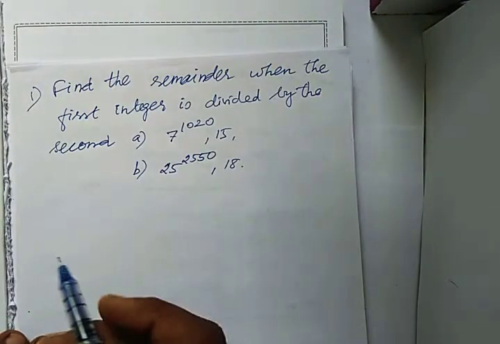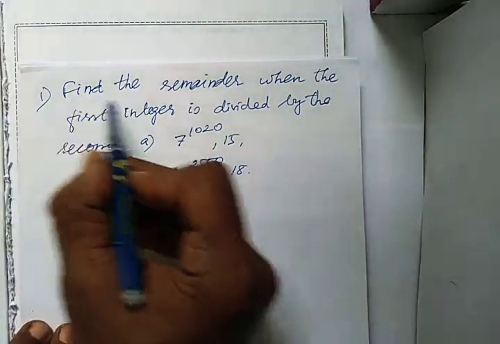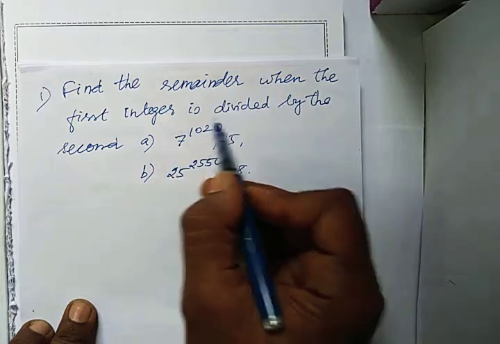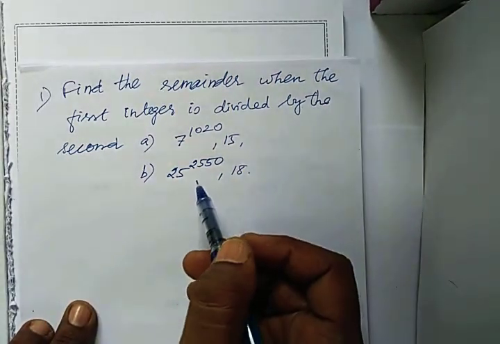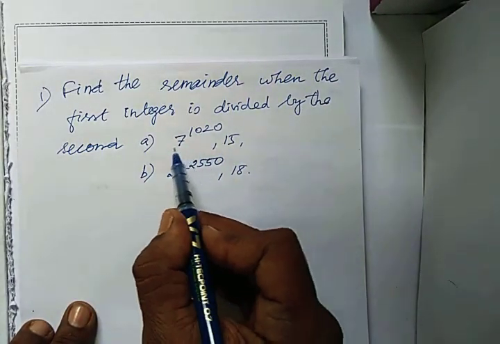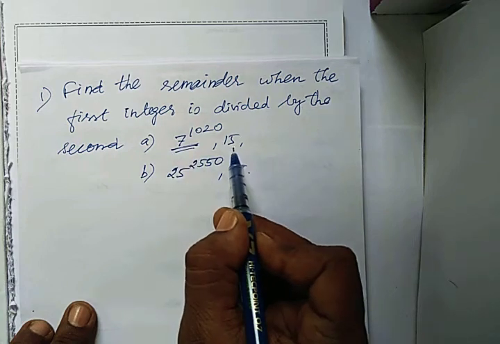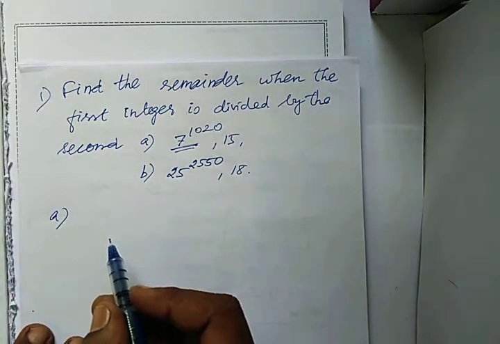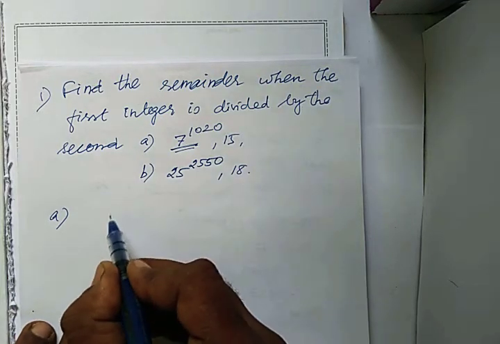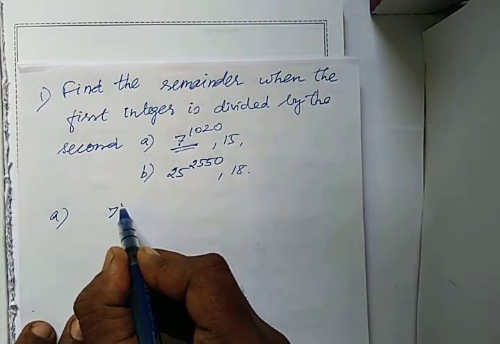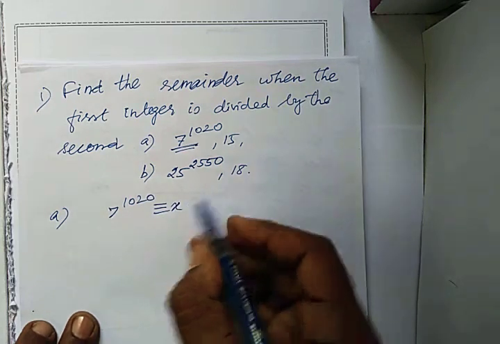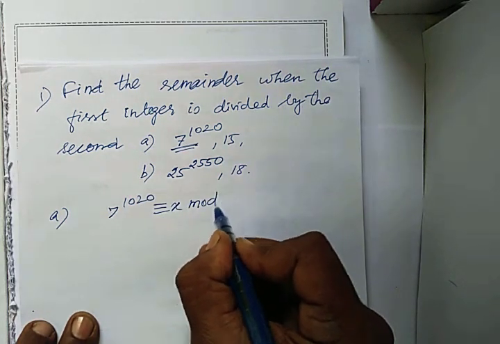Find the remainder. The question is, find the remainder when the first integer is divided by the second one. Find the remainder when 7 power 1020 is divided by 15. See, what we have to find is 7 power 1020 is congruent to x mod 15.